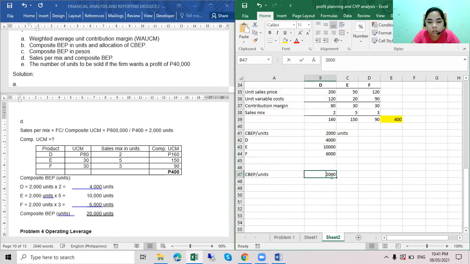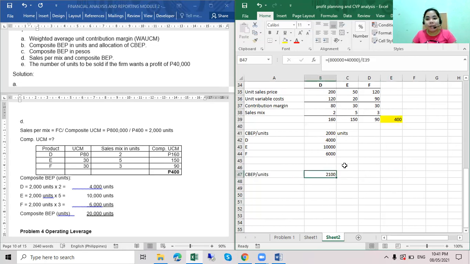It's 800,000 plus 40,000. Yes, 40,000, class. Let me compute first.